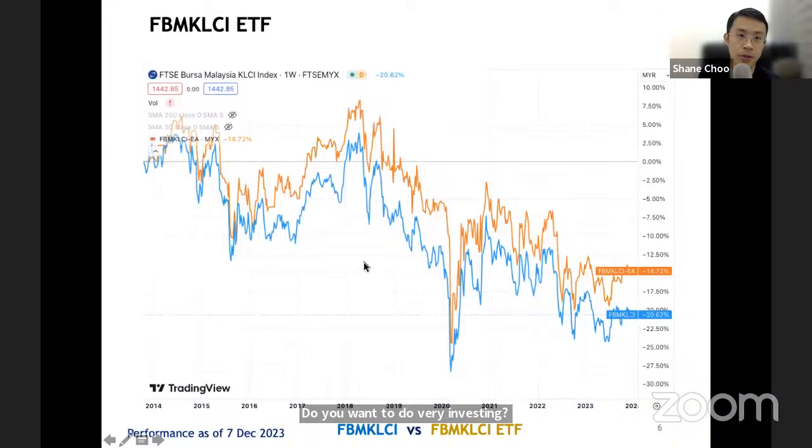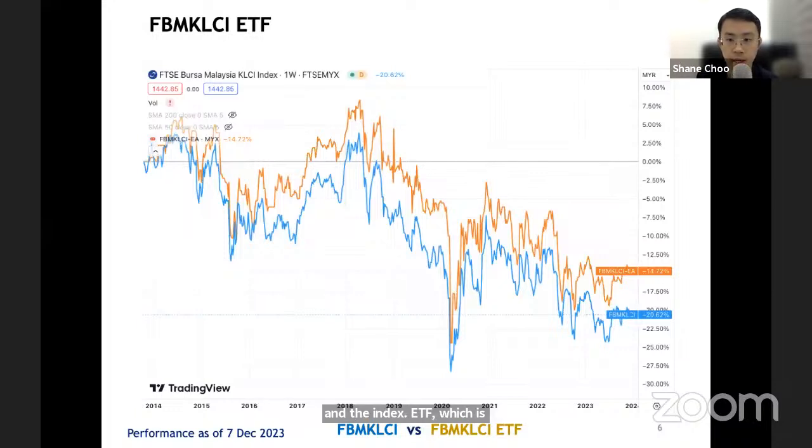Of course, you can't buy into the index, but you can buy into an ETF that seeks to replicate the investment return from the index. So the solution is to buy into an exchange traded fund that benchmarks and tracks the index. This is an example of an index and the index ETF, which is the FBM KLCI ETF.